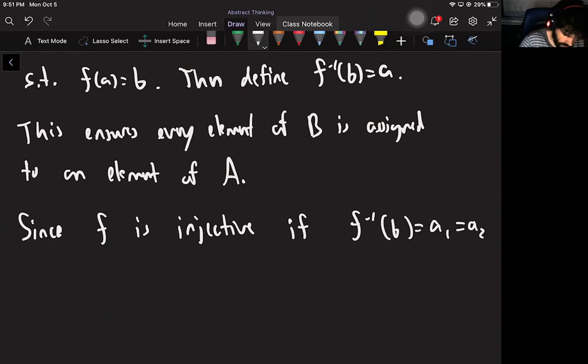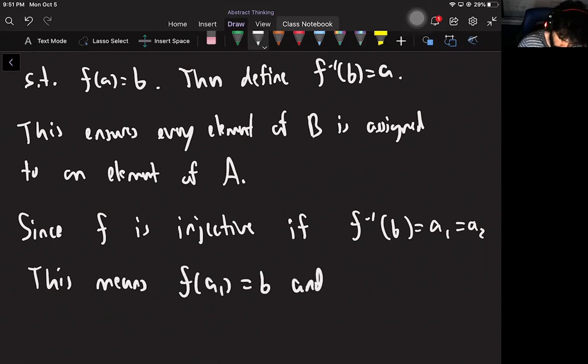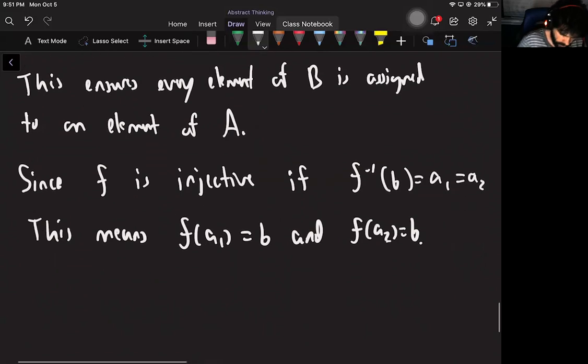If this happens, that means that the function f must have sent a1 to b, and it must have also sent a2 to b, because b is going back to a1 and a2 at the same time. But then they both go to b, so they're equal.